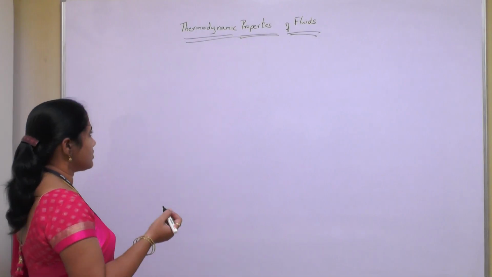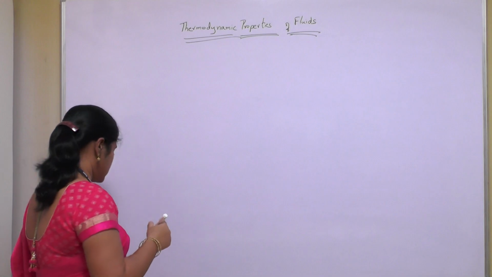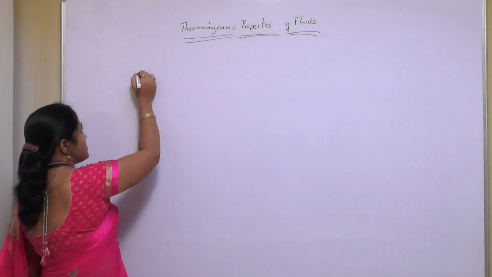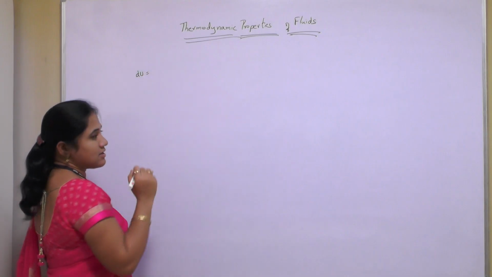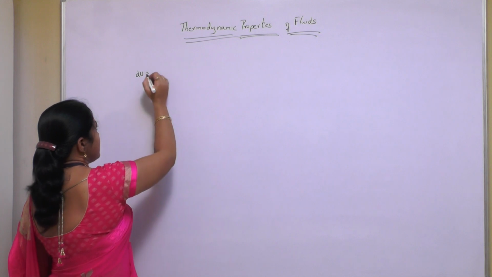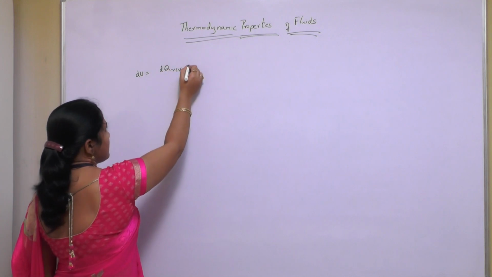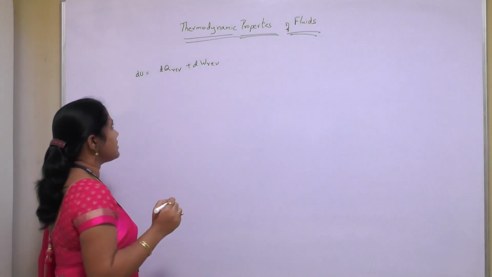So first, coming to the general energy terms like internal energy, we know that dU, according to the first law of thermodynamics, equals dQ reversible plus dW reversible.